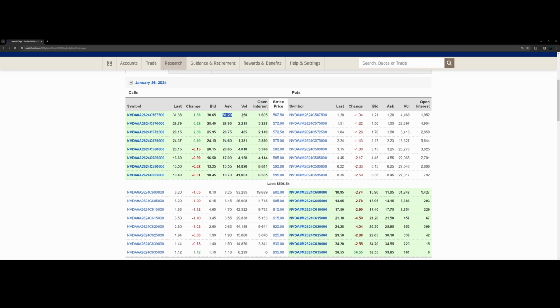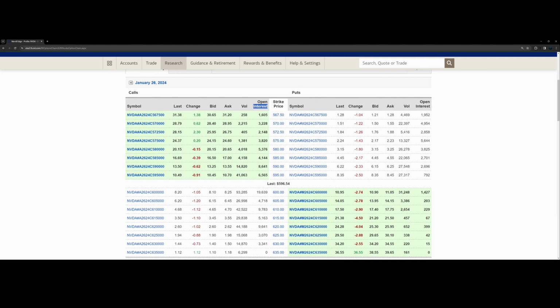Volume is the number of transactions that have occurred on the current trading day. This, used in conjunction with the open interest column, helps us to determine the liquidity of the option contract. Previous day information may be displayed.